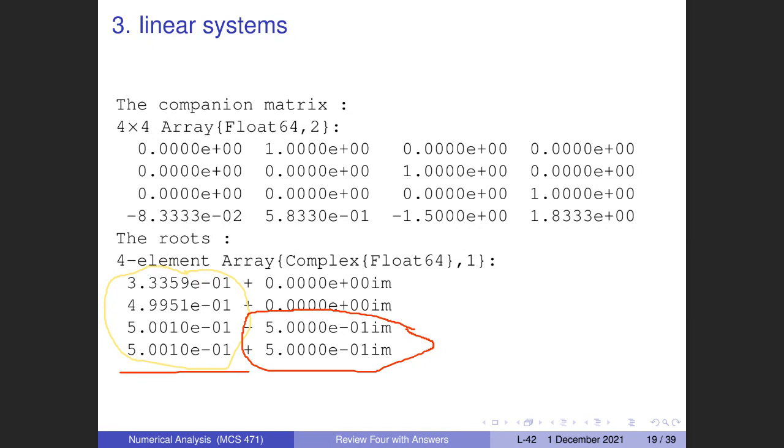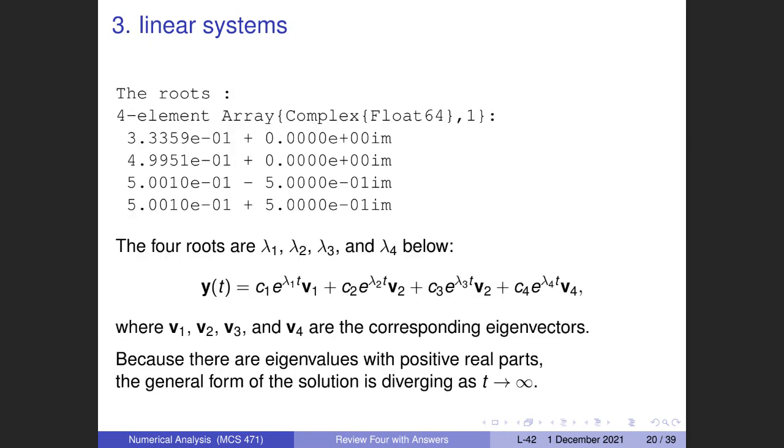We justify this from the roots, but the reasoning is that the general solution is a linear combination of exponentials. The exponentials will be diverging if the real parts of the eigenvalues are positive, and here again, all real parts are positive.